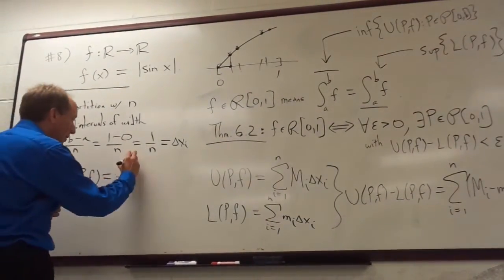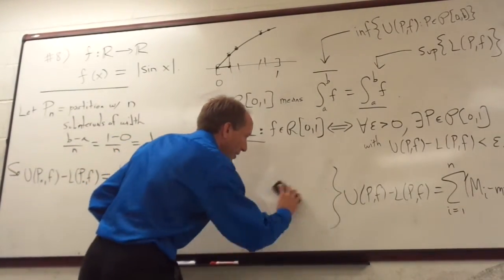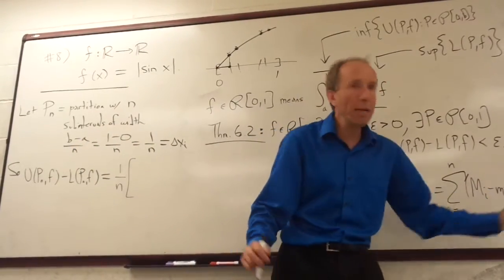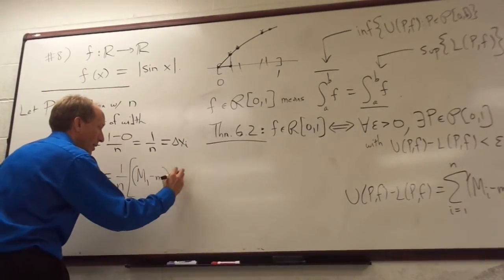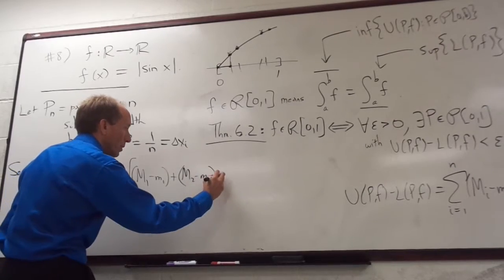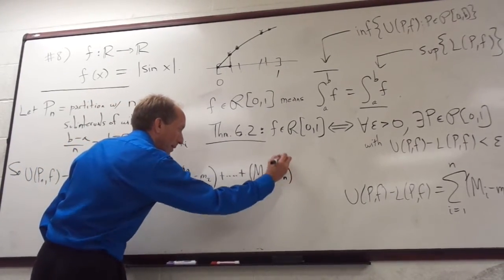And then what do I have left to add up? Well, I have to add up big M1 minus little m1, and then add to that big M2 minus little m2, plus dot dot dot plus big Mn minus little mn.